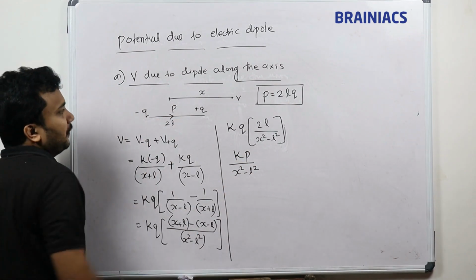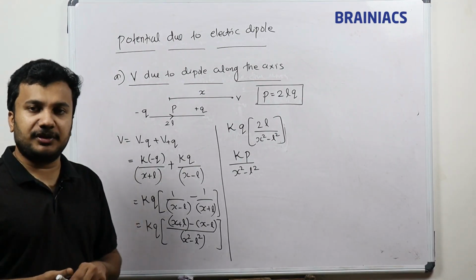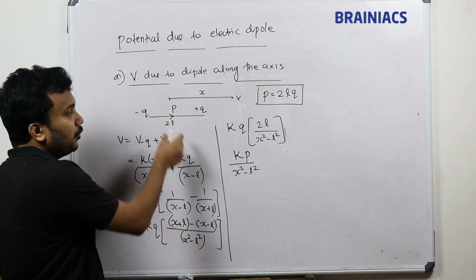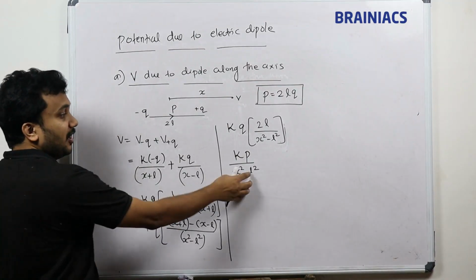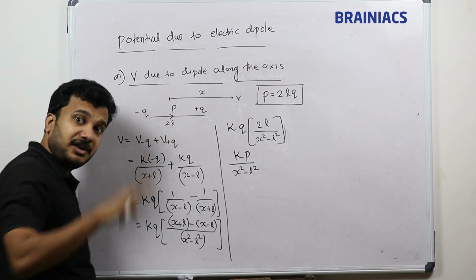We know 2L is the distance between the dipole charges. The definition of dipole itself is two equal and opposite charges separated by a small distance. So 2L is small, and L is just half of 2L, so L is again very small.